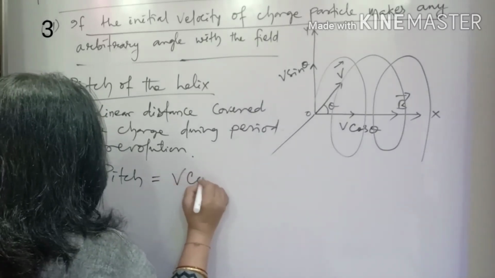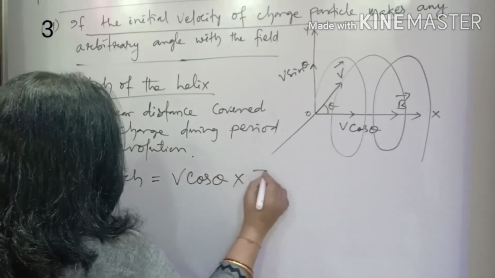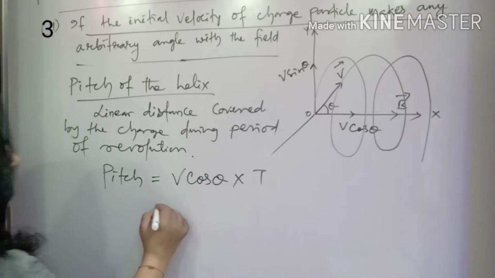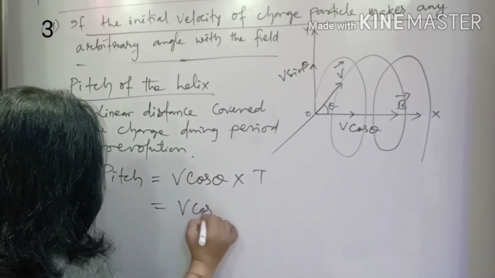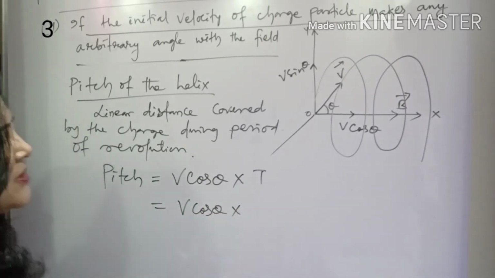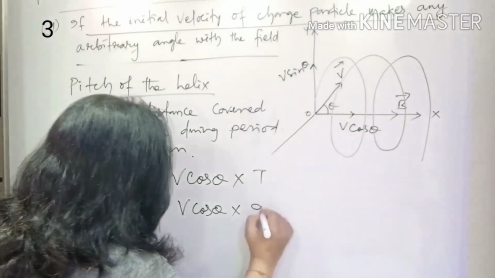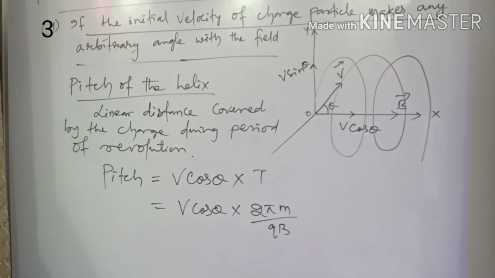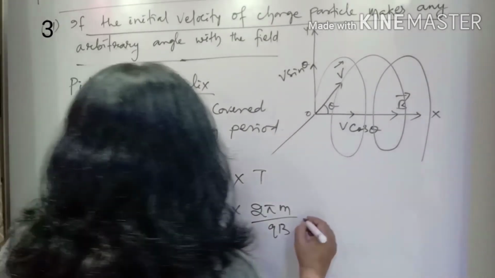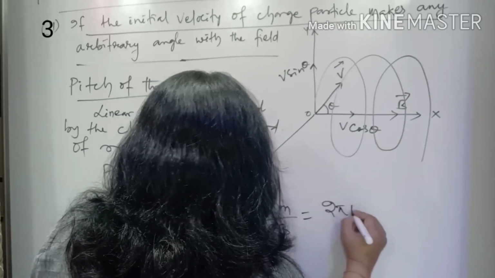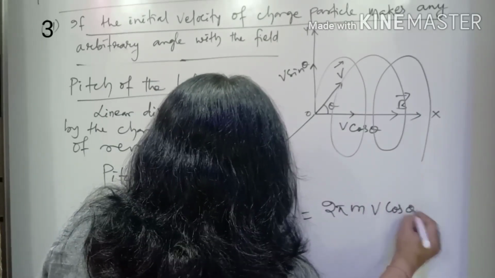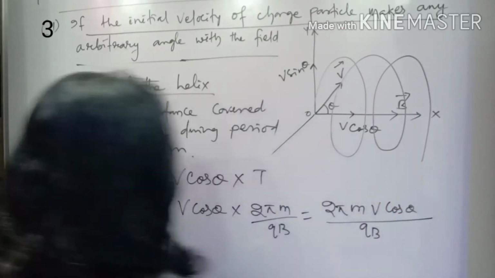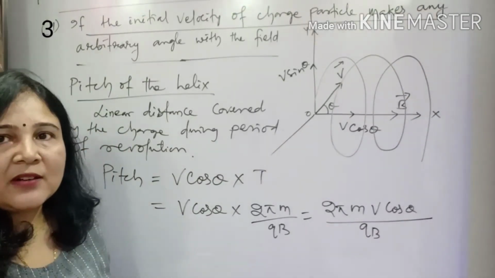So pitch equals V cos theta into the time period of revolution, which we got as 2 pi m by qB. This is the time period's formula. So this equals 2 pi m V cos theta by qB. This is the pitch of the helix, or the helical path.